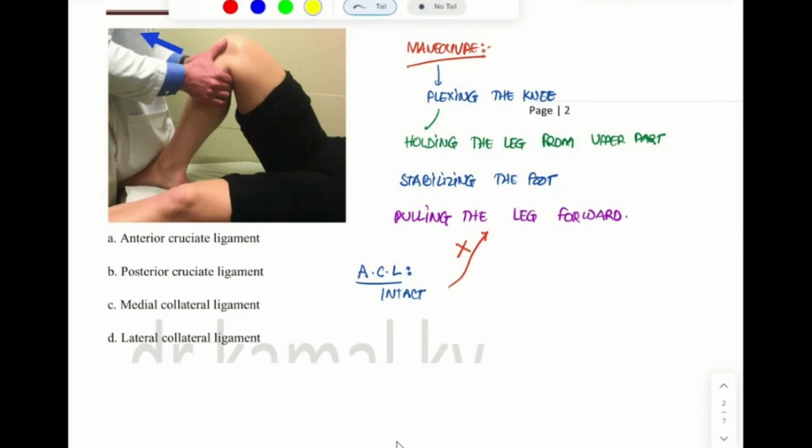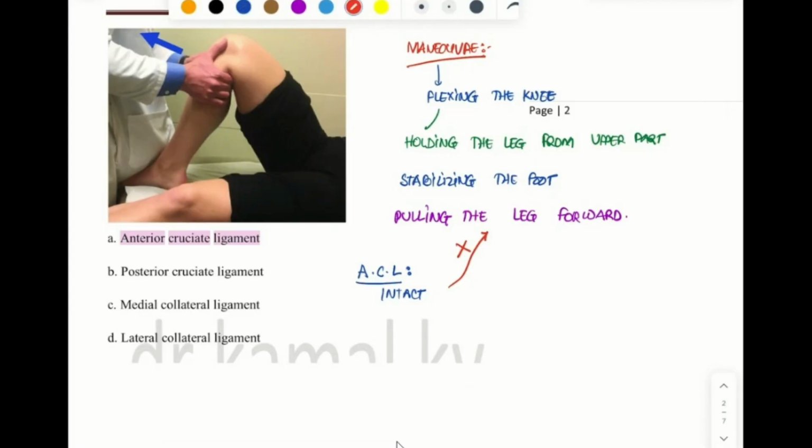Now, if the ACL is gone, it is very easy for us to pull the leg or the tibia forward. So in this image, the doctor is trying to evaluate whether the ACL is intact or not. If the ACL is intact, the leg cannot be pulled forward. But if the leg can be pulled forward easily, it means the ACL is torn.